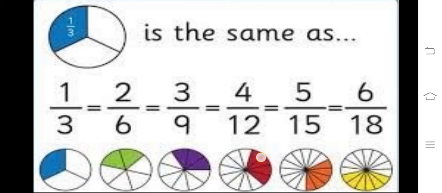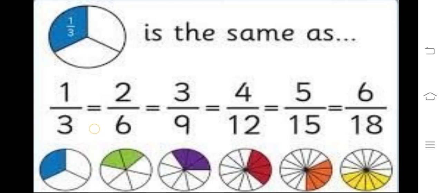The same space is covered, the other space it has not taken. Again this also 5 by 15, in the same one value they have divided into 5 parts. Again 6 by 18, in this one space only they have divided into 6 parts. So all these are equal, so they are called equivalent fractions.